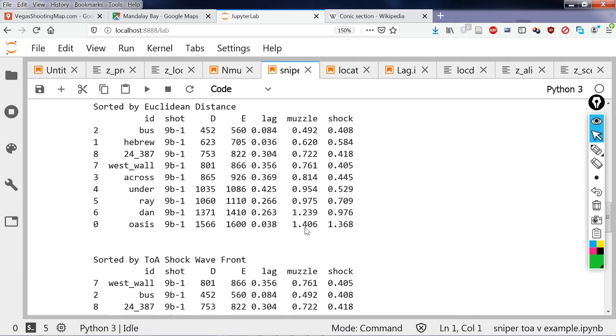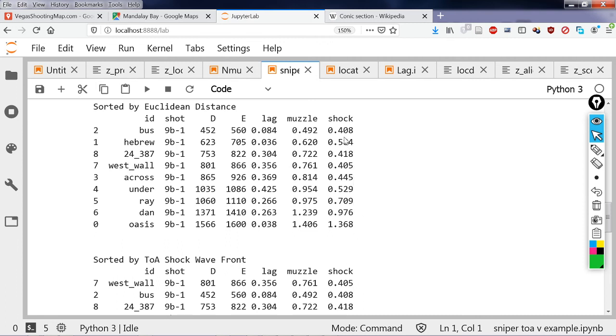All right, so then we go over here to the interesting part, and this gets down to the nature of the question we're going to ask, and that's the time of arrival of the supersonic crack. So, we look at them, and immediately we notice that it goes 0.4, 0.5, back down to 0.4, then up to 0.5, and then over here these last ones look like they're kind of in order.